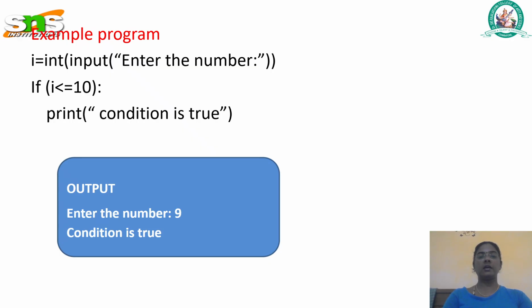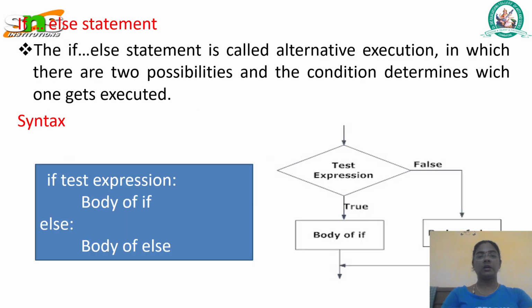Here we get a number from the user, which is stored in i. If that number is less than or equal to 10, then the condition is true; otherwise it comes out of the if. In the if else, if the condition is true, that block will be executed, and if the condition is false, the other statement will be executed.